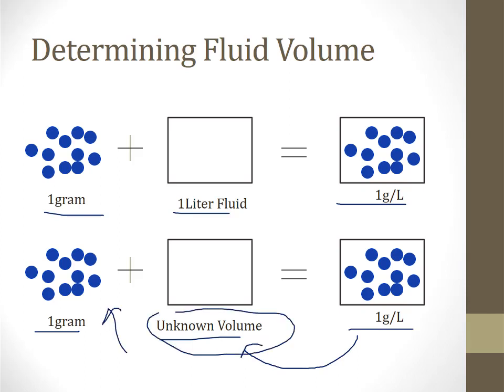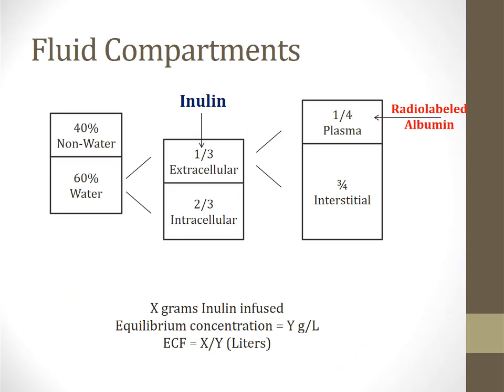And this is the way these experiments are done to determine the volume of fluid in a particular compartment of the body. The two classic substances used experimentally to determine the volume of fluid compartments are inulin and radiolabeled albumin. Inulin is a substance I talk about a lot in the second renal physiology video because it can be used to estimate the glomerular filtration rate.